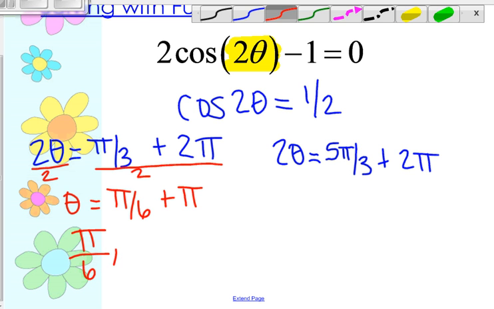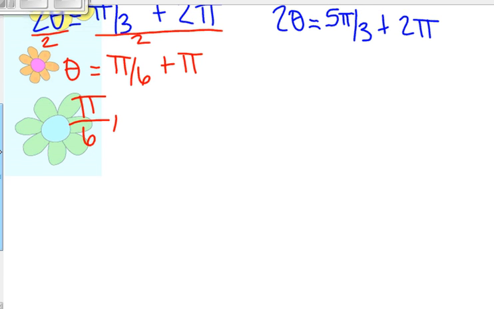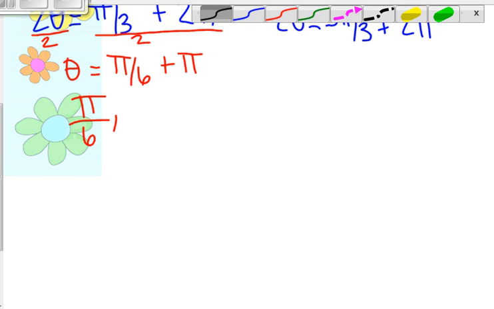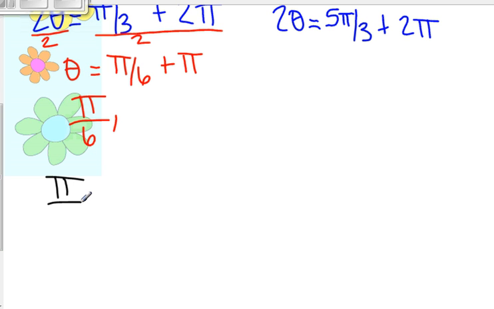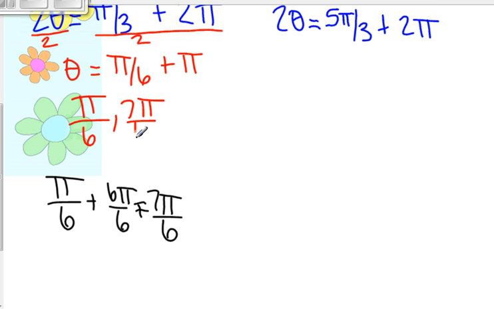I'm going to do it right underneath here. Pi in a base of 6 is 6 pi over 6, so we get 7 pi over 6. Our second value would be 7 pi over 6.